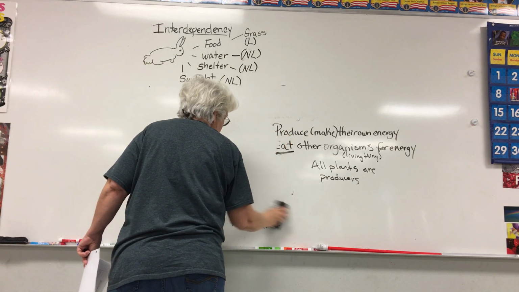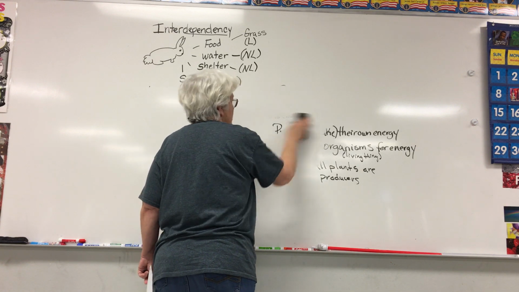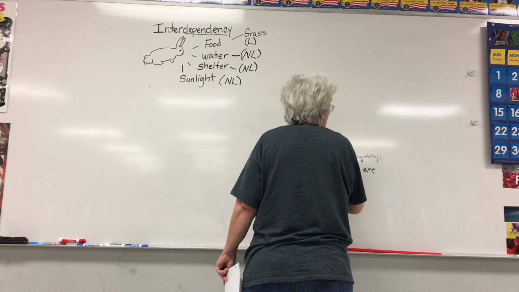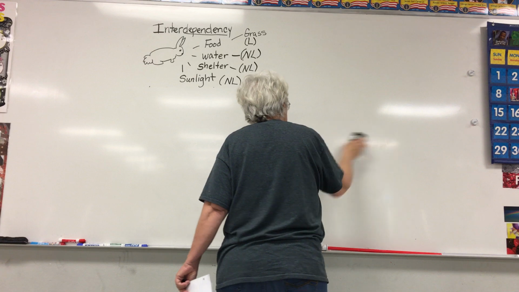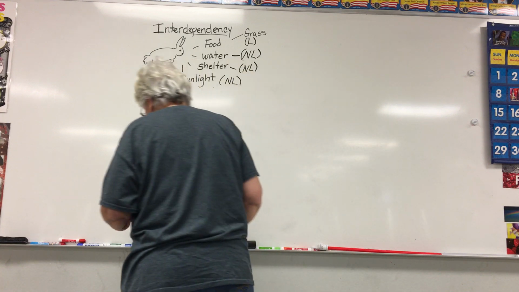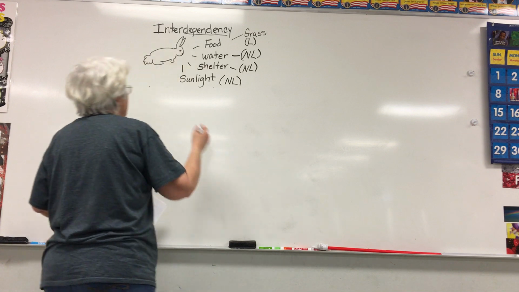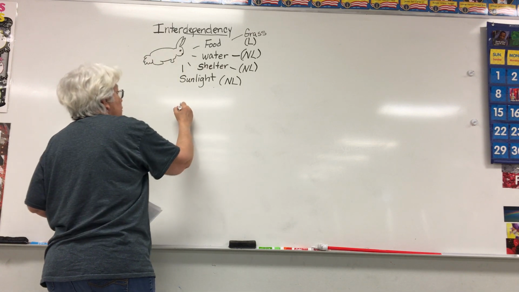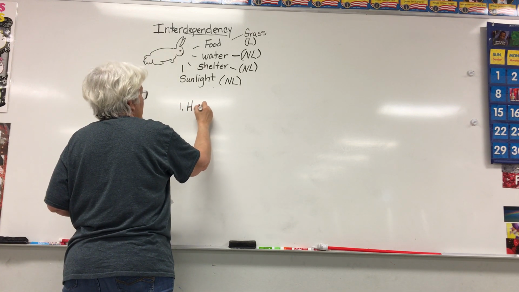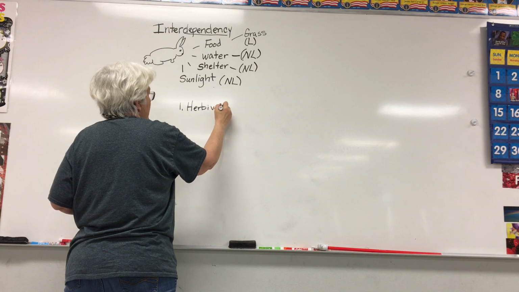So now we want to talk about the different types of consumers. There's only one type of producer, and that's a plant. But there are many kinds of consumers. And you all probably know most of these. The first one is a herbivore. What does he eat?